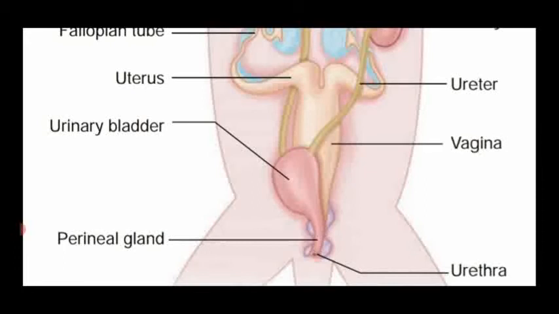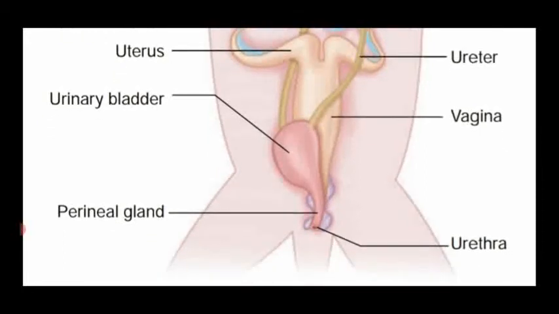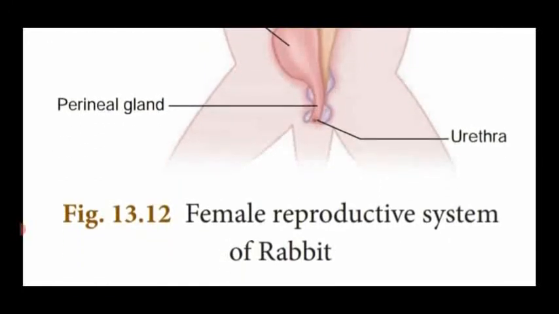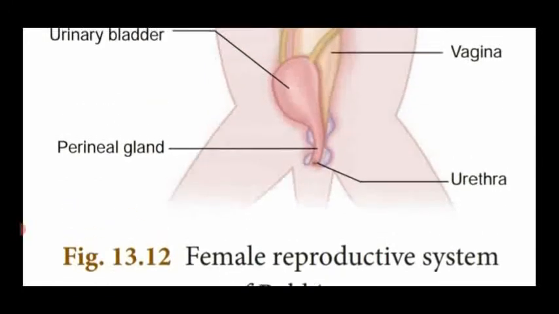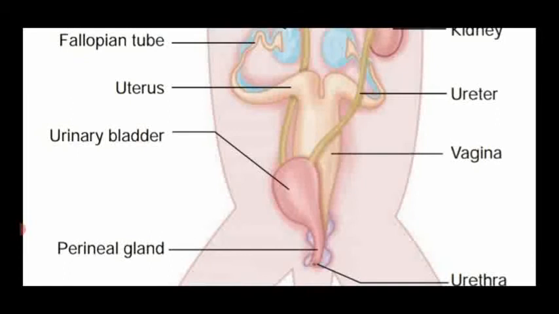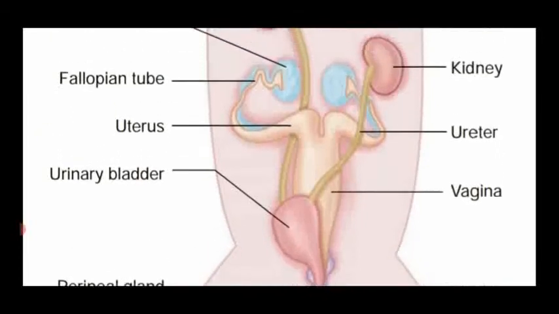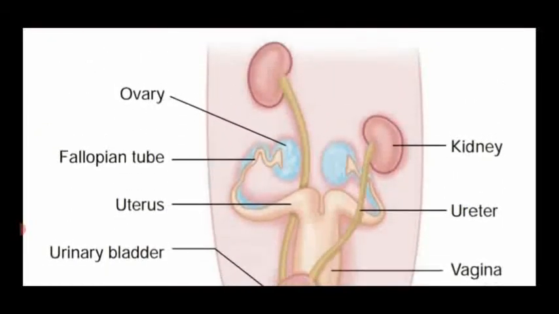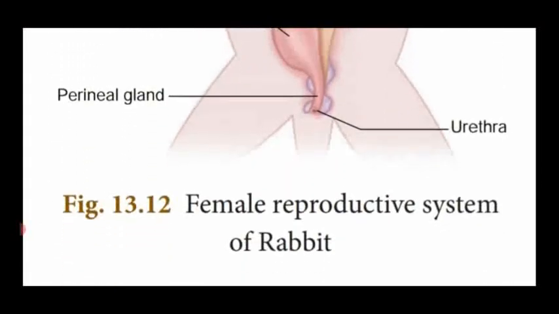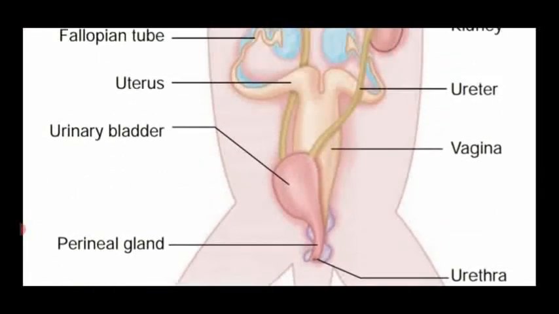The vestibule runs backward and opens into the exterior by a slit called the vulva. It consists of two glands, the perineal gland and Cowper's gland, which are responsible for reproduction. That is the female reproductive structure of rabbit.